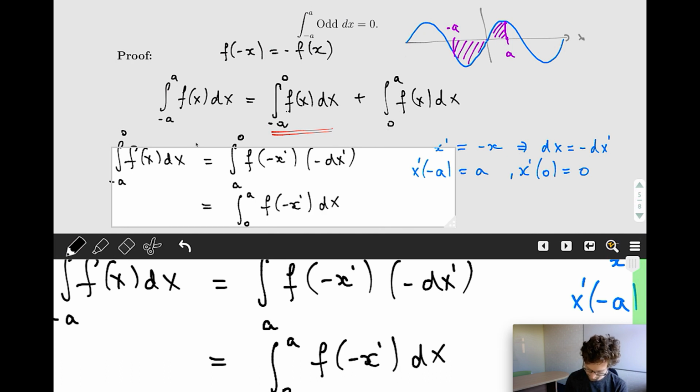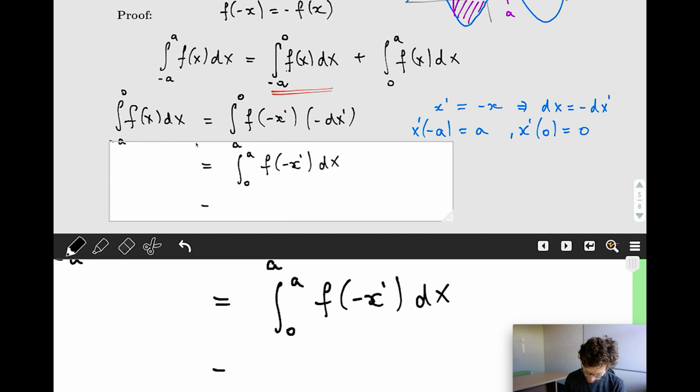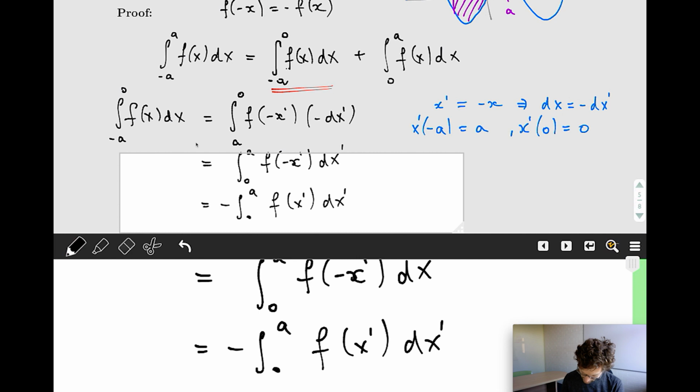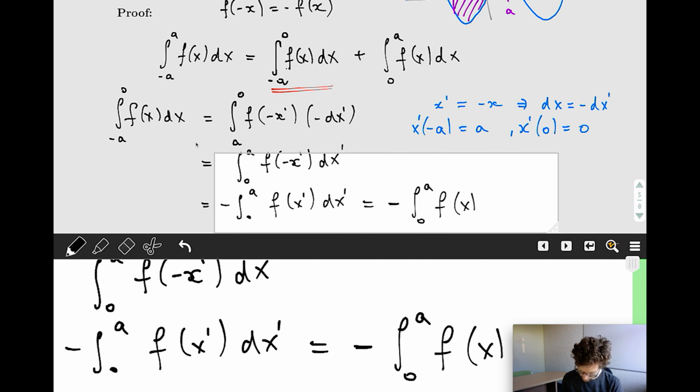dx prime. Now we can use the fact that this is an odd function. So f of minus x prime is minus f of x prime, which is exactly minus of what's on the right-hand side of our integral above.